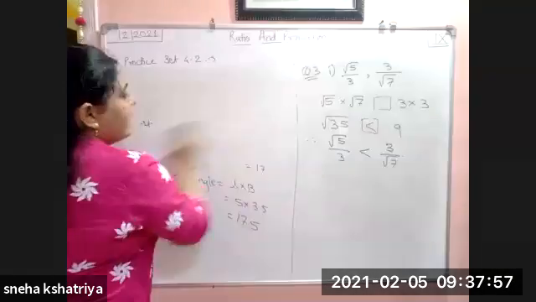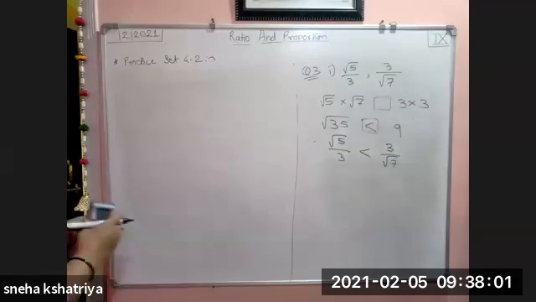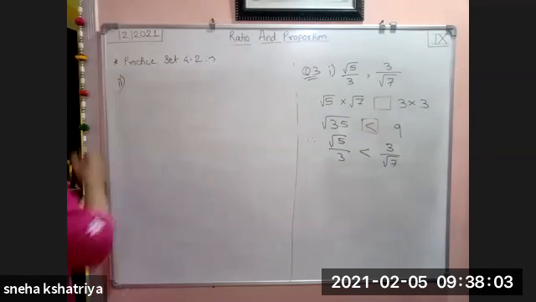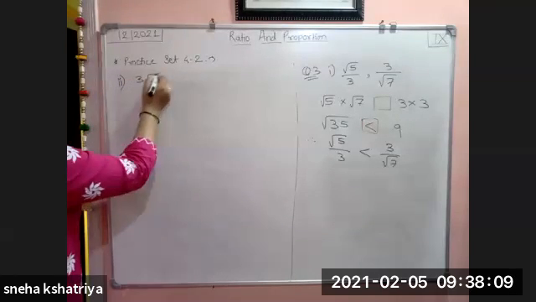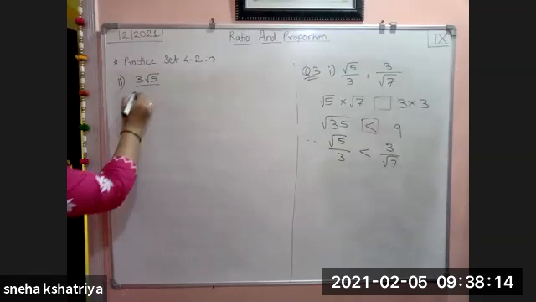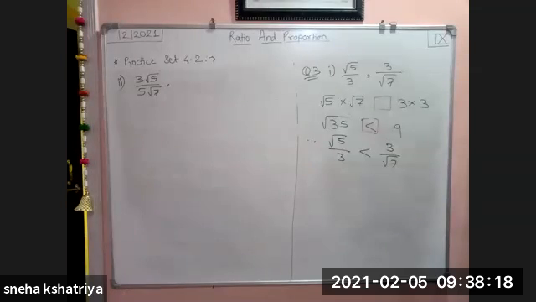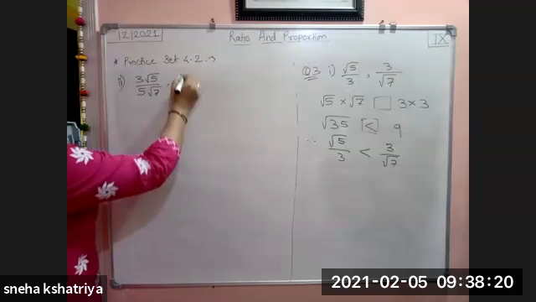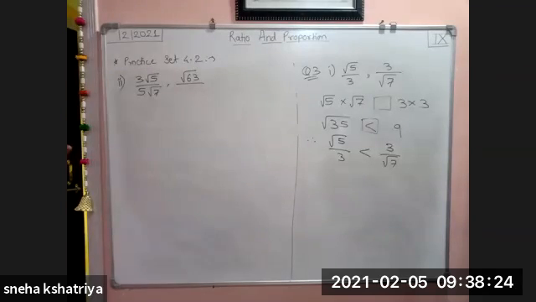Now we will see the second example. This is how you are going to compare the ratios. Second, 3 root 5 divided by 5 root 7, and the second ratio is given as root 63 divided by root 125.